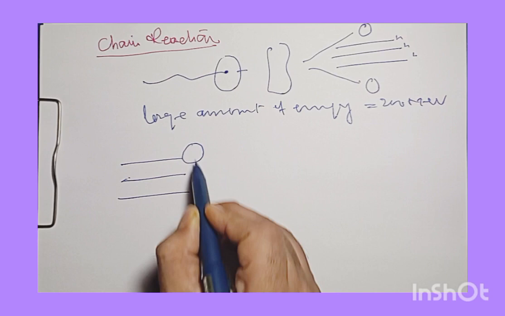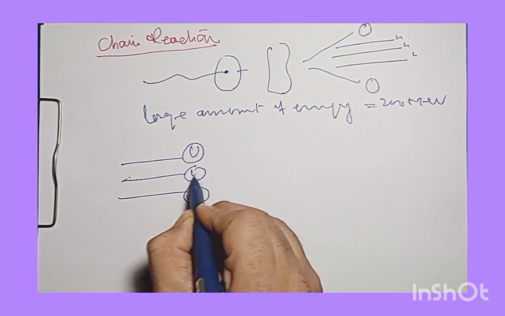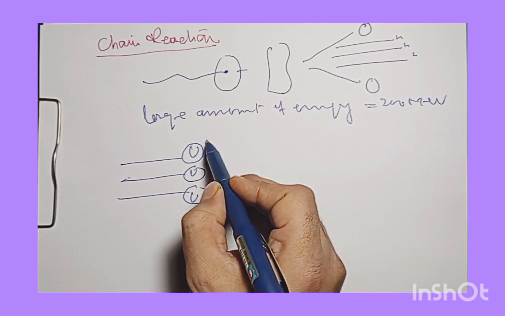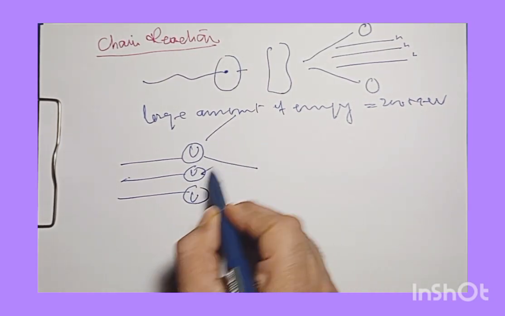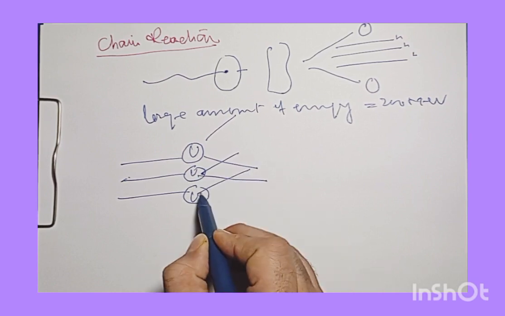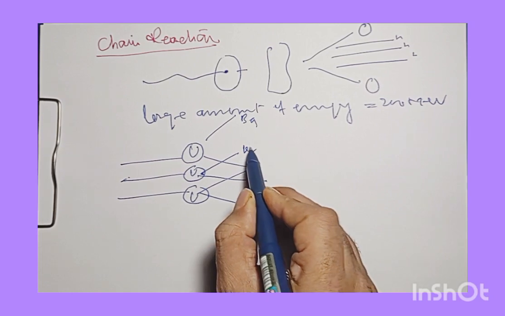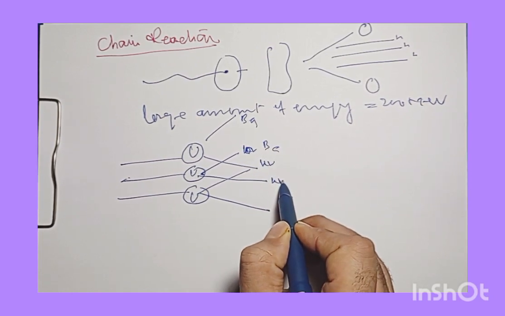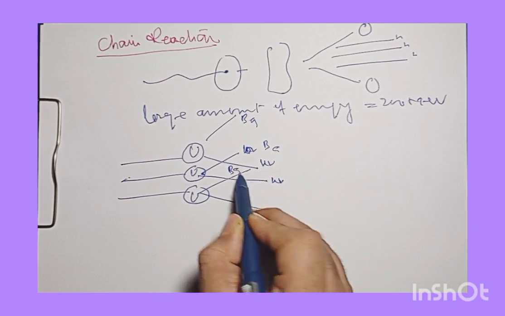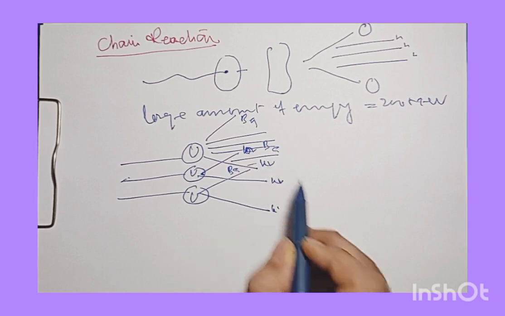So suppose here is another uranium, another uranium, another uranium. So we will again have barium and krypton, again barium and krypton, and again barium and krypton, and then we will have additional 3 neutrons.